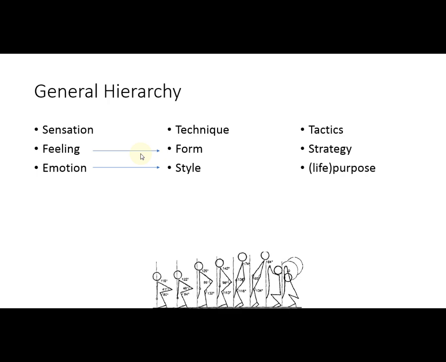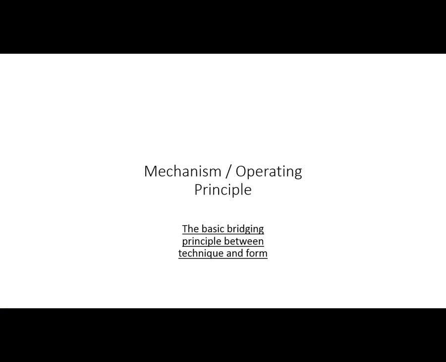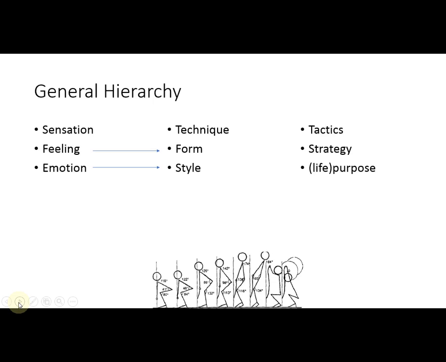That wouldn't make the same sense for everybody. So sensation is first, it's universal, it's something the coach should have as a reference point, and it should be the basis of the mechanism, of the operating principle. For example, fall like a bag full of shit: the way a bag falls, that sense is common for everybody, though the feeling everybody gets may be different.